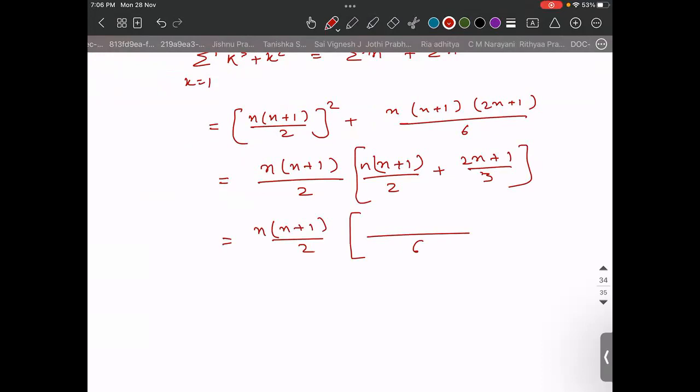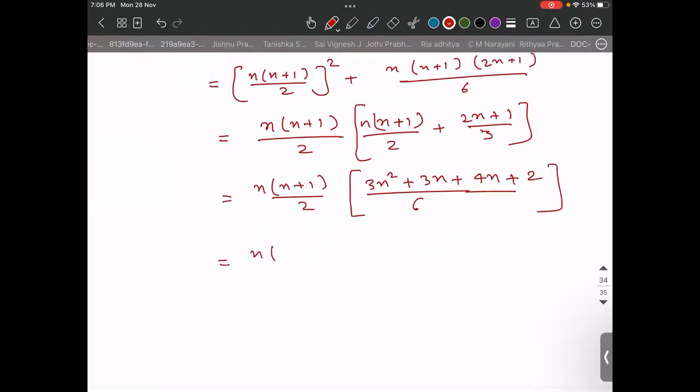So n square plus 1, so 3n square plus 3n plus 4n plus 2. That's what we are getting, n into n plus 1 by 2, or let's directly multiply here, so it will be 12. Now 3n, you take 3n, so n plus 1.